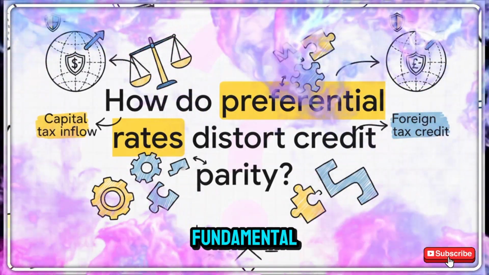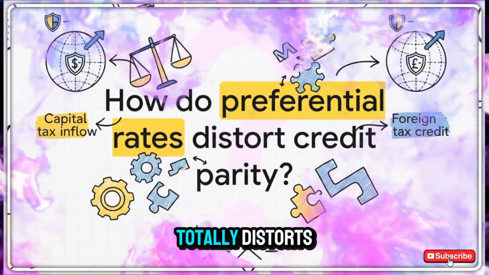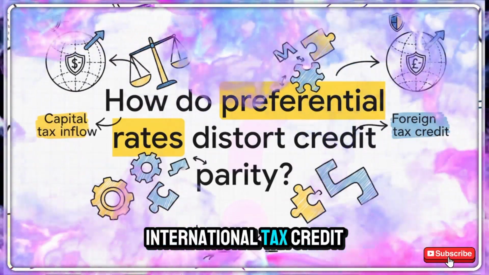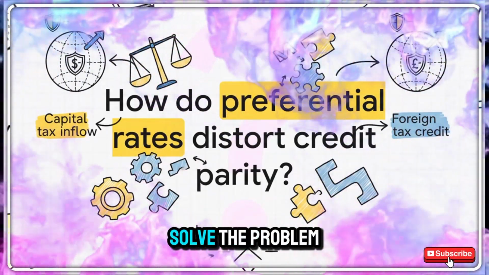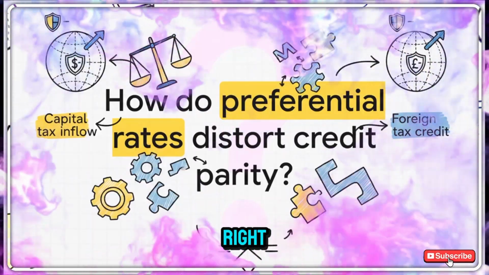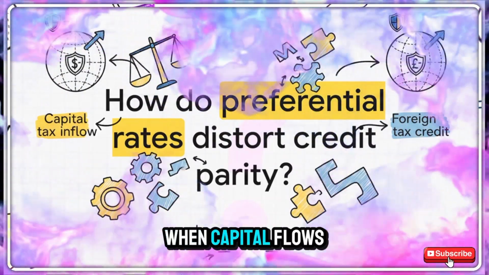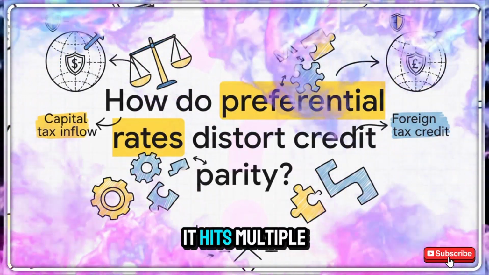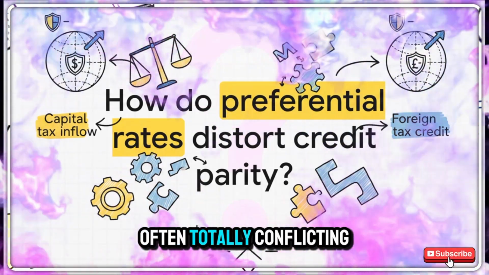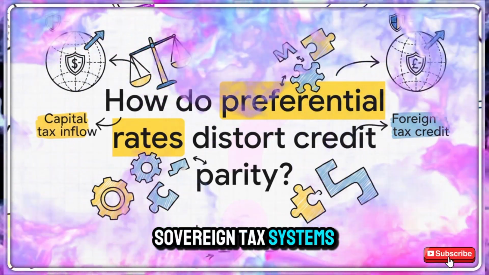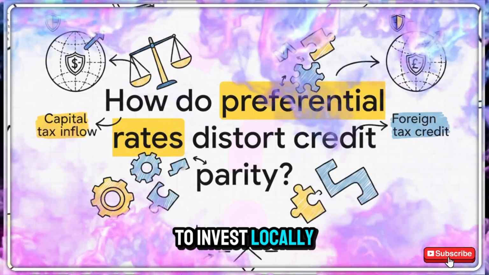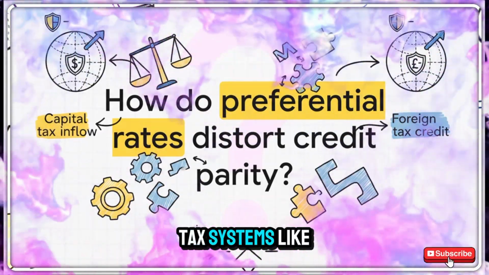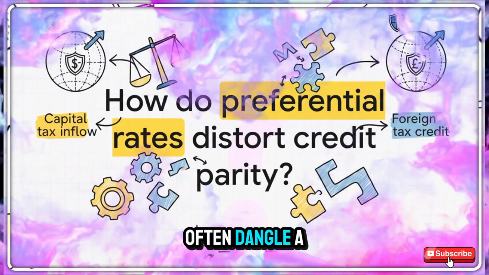What is the fundamental systemic conflict that totally distorts international tax credit parity? Well, before we solve the problem, we really need to define it, right? Think about what happens when capital flows across borders. It hits multiple, often totally conflicting sovereign tax systems. To get people to invest locally for the long haul, tax systems, like in the US, often dangle a carrot.